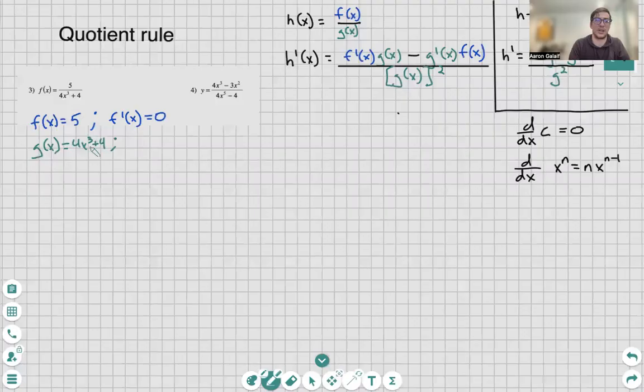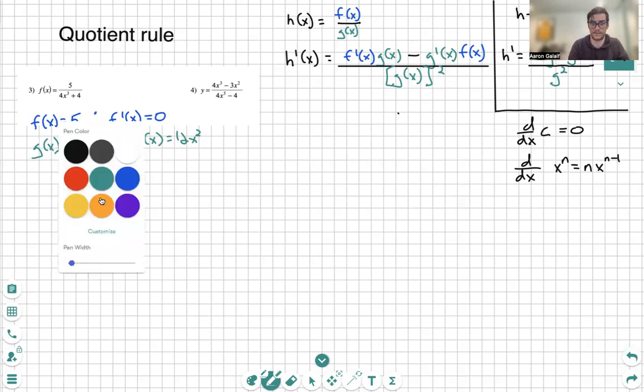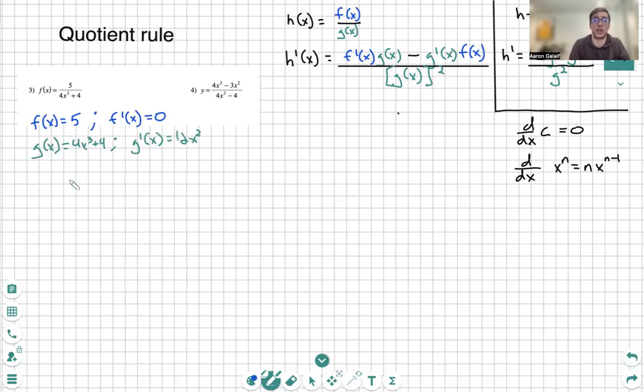So 3 gets multiplied to the front, 12x, and the exponent loses 1. Then we have plus 4, which is a constant, so it will be 0. So g prime of x is equal to 12x squared. That's it.